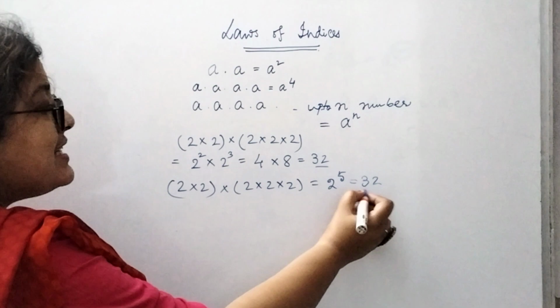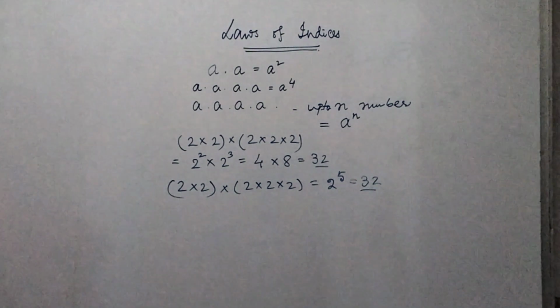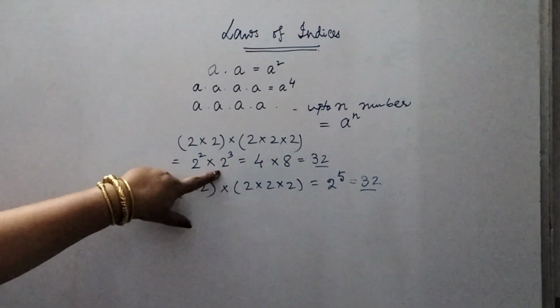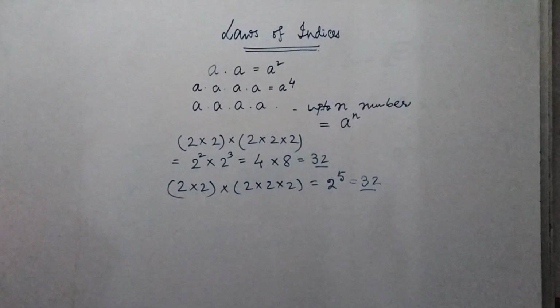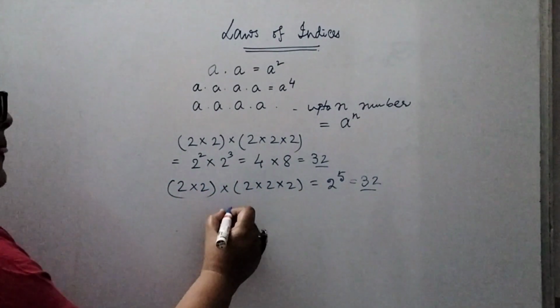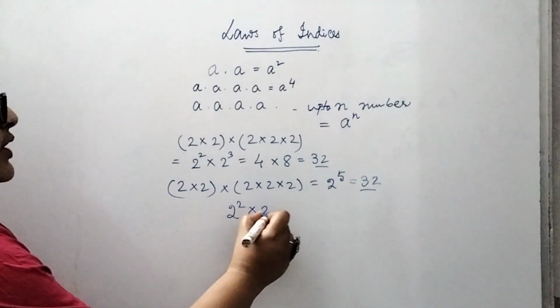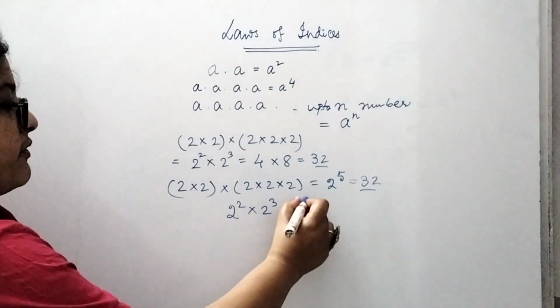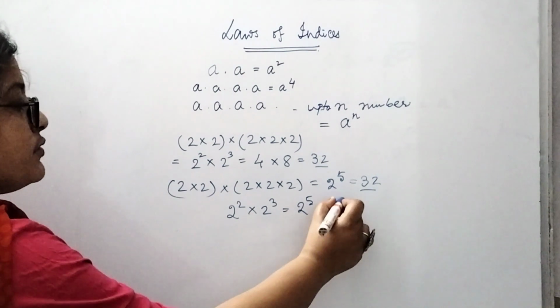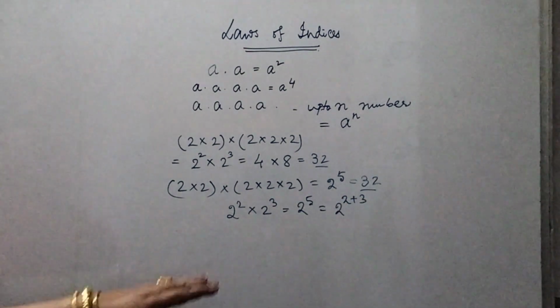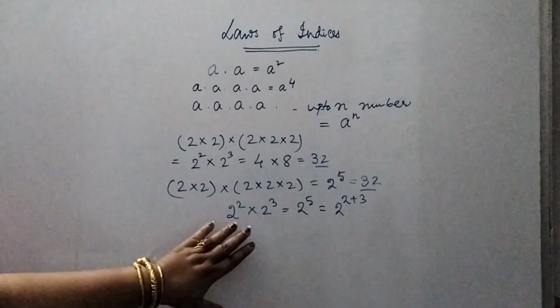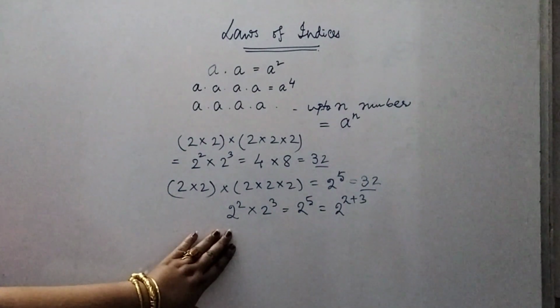So as the results are the same, we can conclude that this 2 squared into 2 cubed is the same as 2 to the power 5. And so we can write 2 squared into 2 cubed equals 2 to the power 5, that means 2 to the power 2 plus 3. Now the same thing can be represented in terms of a variable.